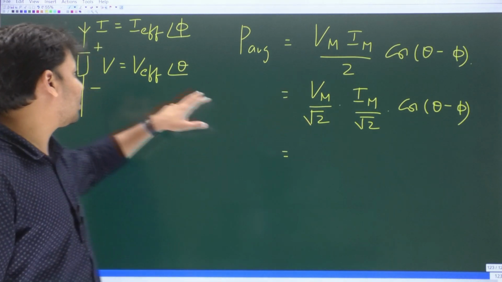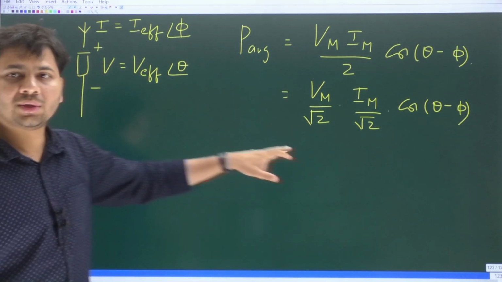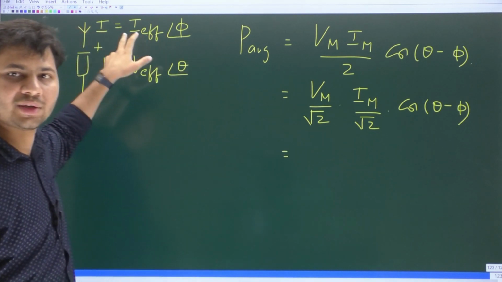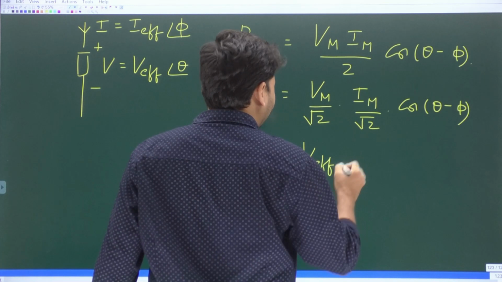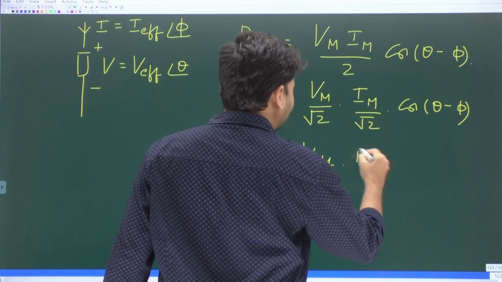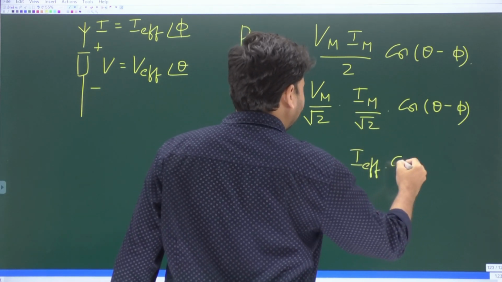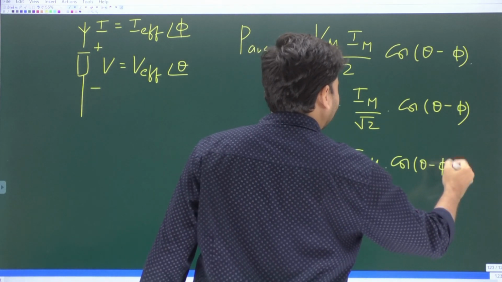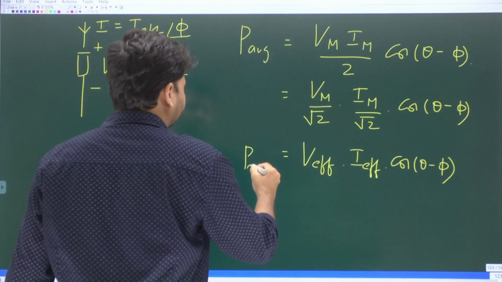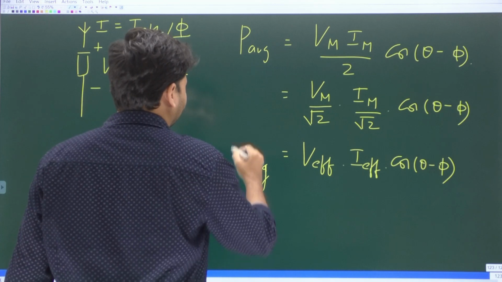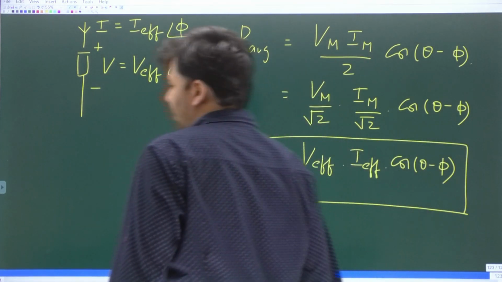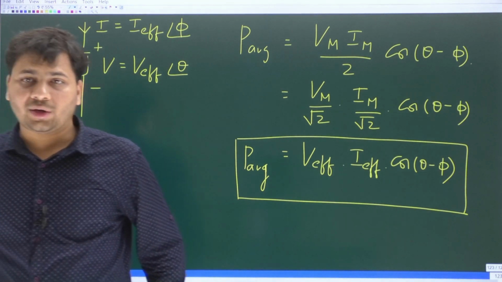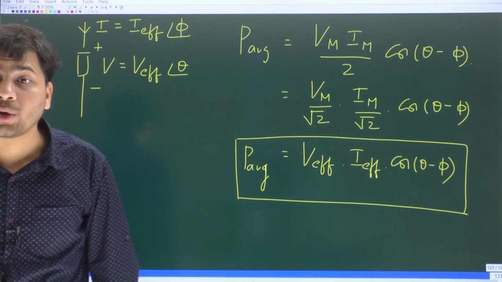So Vm by root 2 is the same as V effective, and Im by root 2 is the same as I effective, and then cos of theta minus phi. That's all. This is the expression for the average power absorbed by any two-terminal element or network.